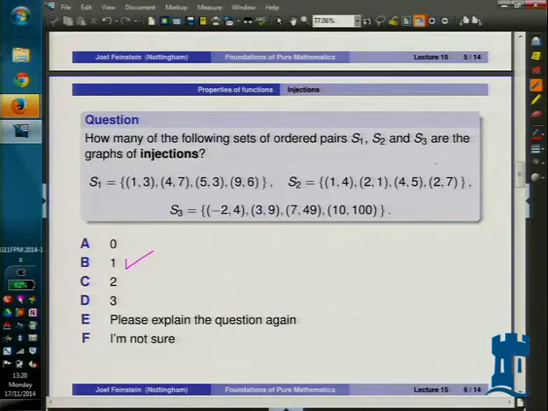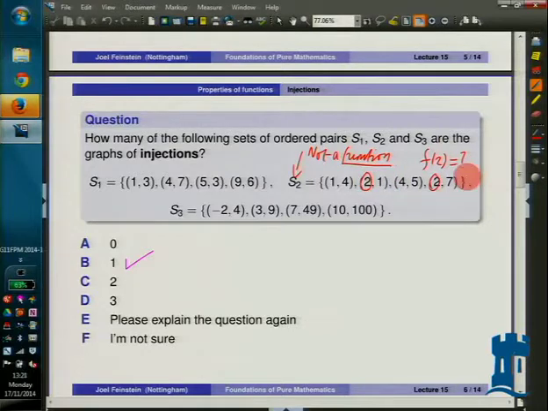Okay, the second one is not a function at all because of the repeats in the first coordinate. What is f of 2? So this is not a function because f of 2 is both 1 and 7.